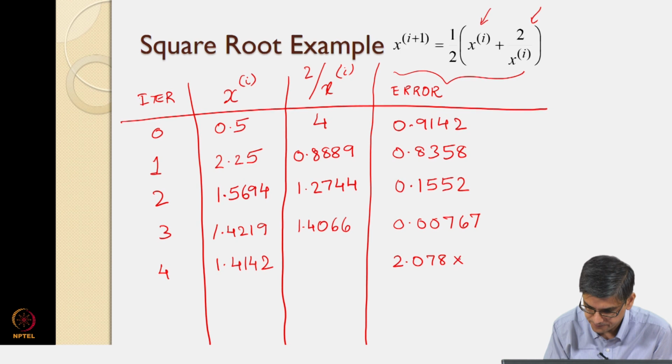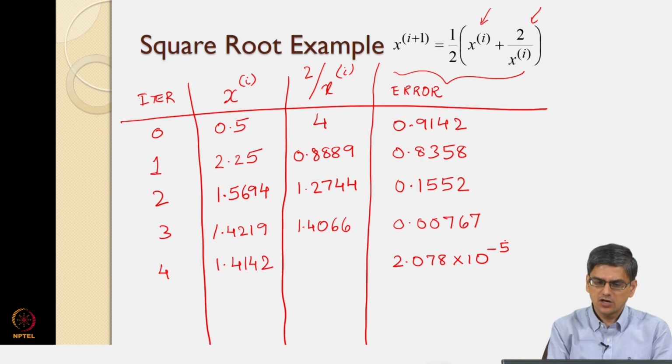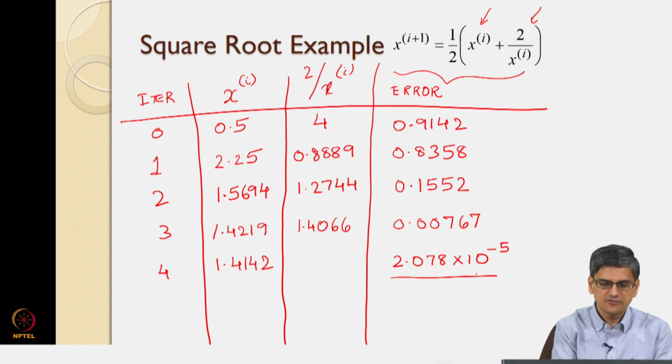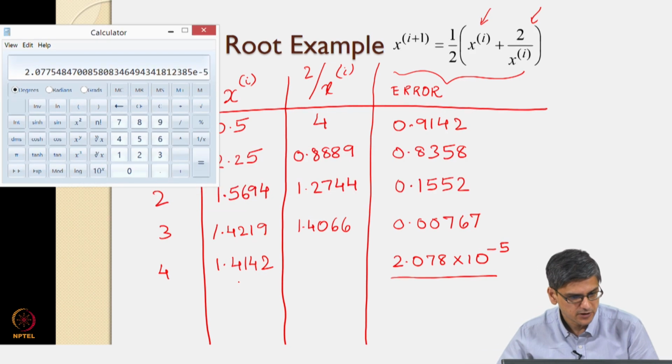We now need to decide whether or not this error is sufficient for us. If we wanted to find the square root of 2 within, let us say, 10 to the power minus 4 as the error, we can stop at this stage. If we wanted to reduce the error even further, we would not stop at this stage; we would do one more calculation, which is what we will do right now.